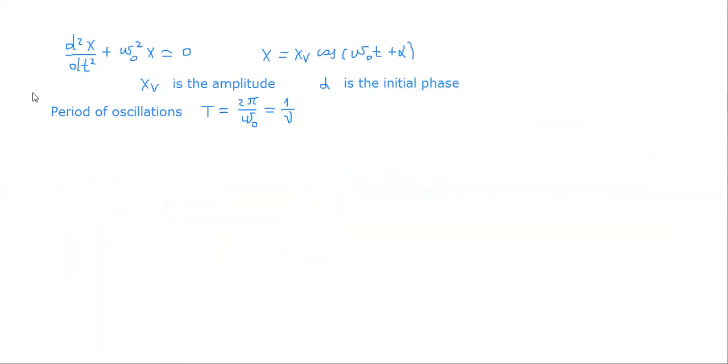So omega 0 is equal to 2π eta, where this value is the linear frequency.